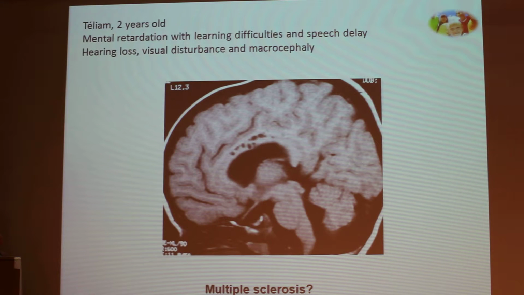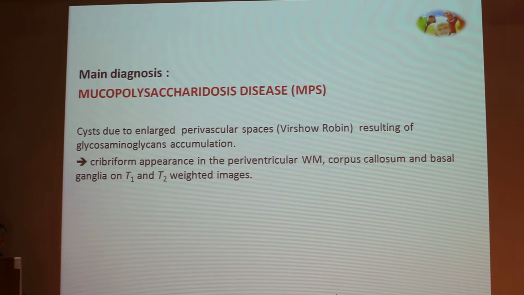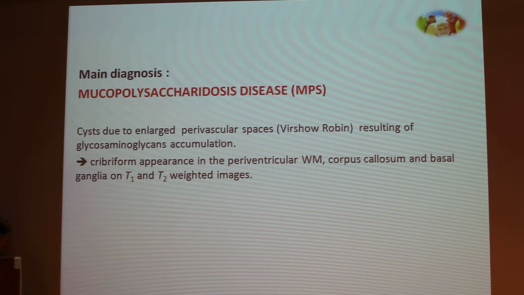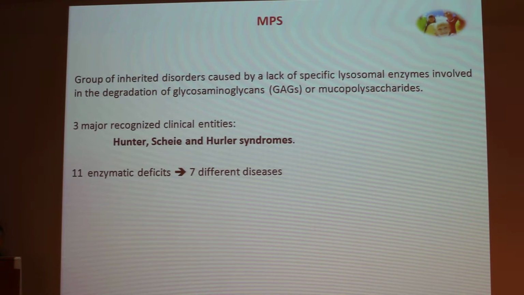We have no Susac syndrome or Marchiafava-Bignami in children. So the main diagnosis is mucopolysaccharidosis. The cysts are due to an enlargement of perivascular space, the Virchow-Robin space, resulting from glycosaminoglycan accumulation, and it gives a cribriform appearance in the periventricular white matter, corpus callosum, and basal ganglia.